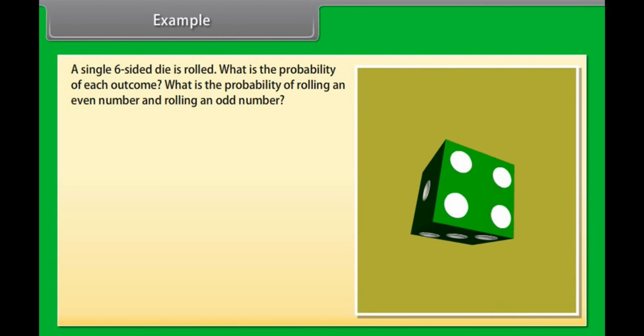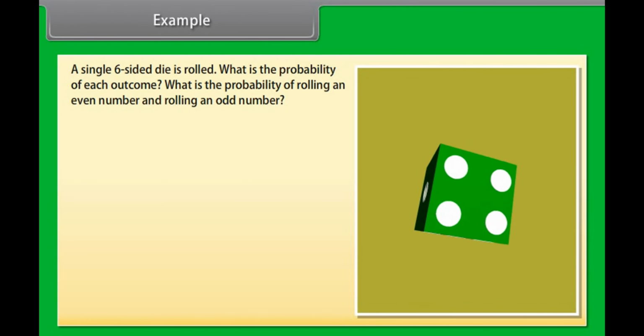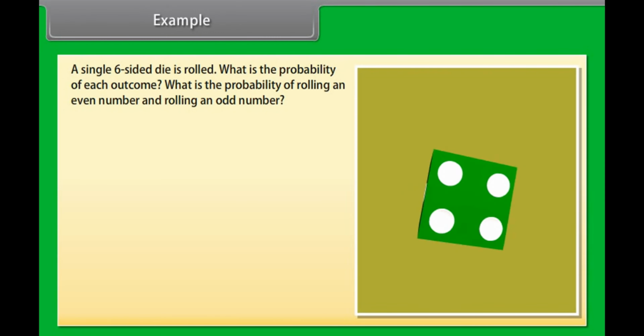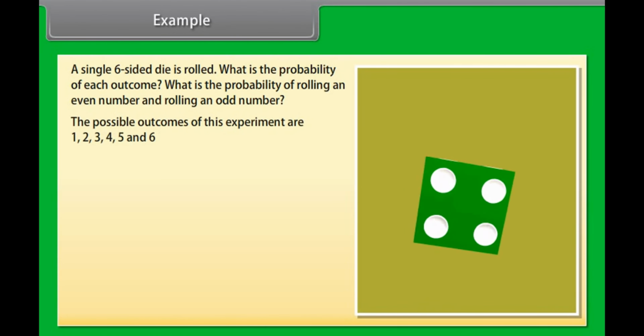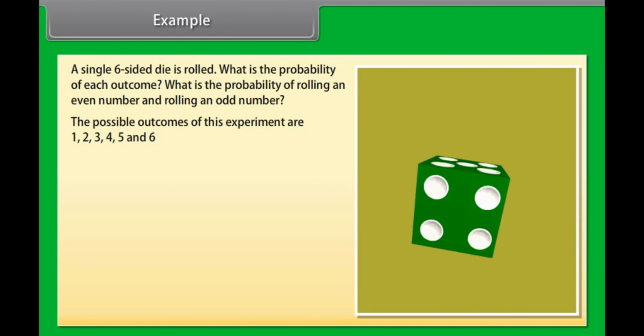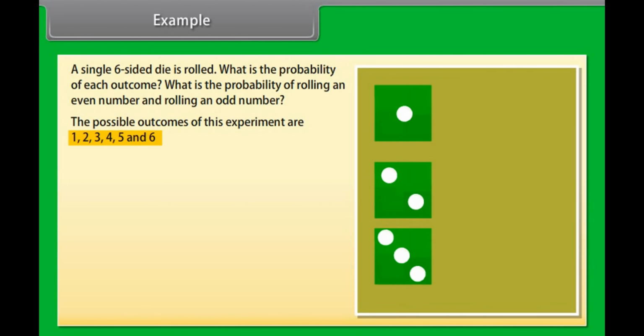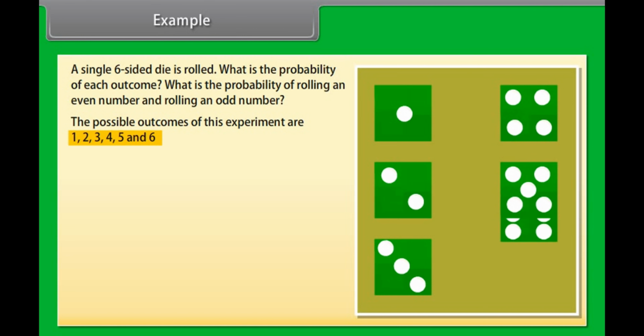A single 6-sided dice is rolled. What is the probability of each outcome? What is the probability of rolling an even number and rolling an odd number? The possible outcomes of this experiment are 1, 2, 3, 4, 5, and 6. Now let's find probabilities.